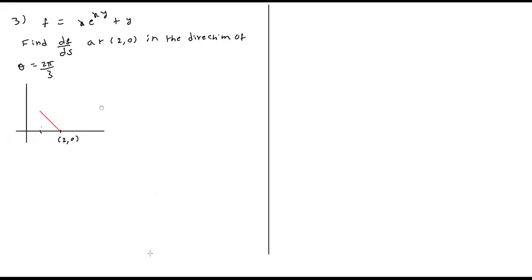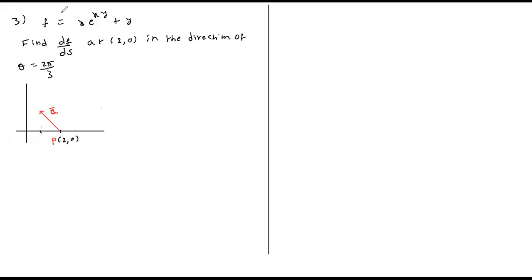So you want the directional derivative of the given scalar function at the point P (2, 0) in the direction of this vector. Let me call it a bar.